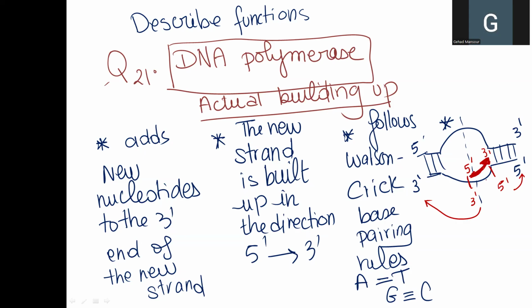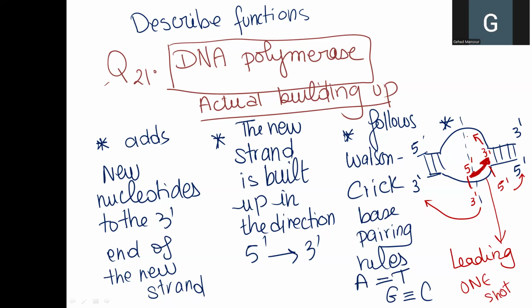And that strand that has been used as a template will be called the leading strand. So it will build up the complementary to the leading strand in the direction 5 prime to 3 prime as usual, but it would be done in one shot without rest.